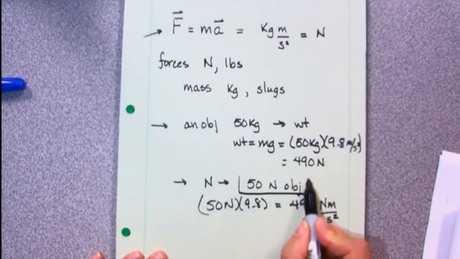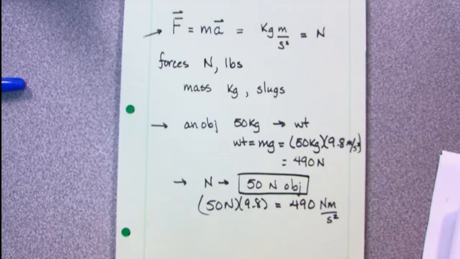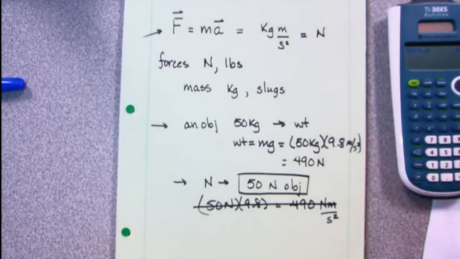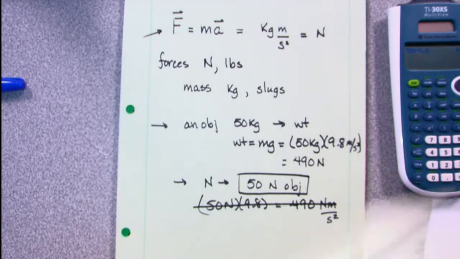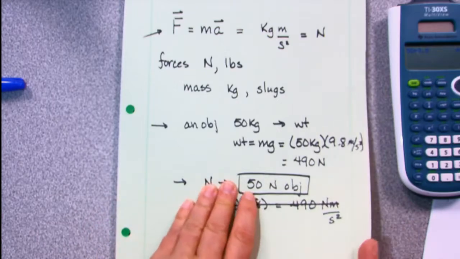So this already gives you your object as a force. This is a common mistake when you're working your homework. They give it to you in pounds or they give it to you in newtons, and you don't necessarily have to figure out the weight, and you want to make sure that you're not hurting yourself by doing that.